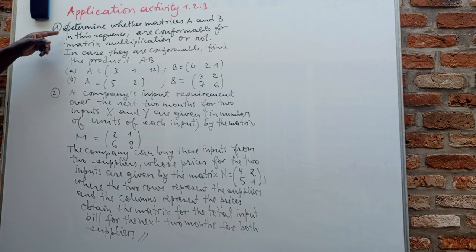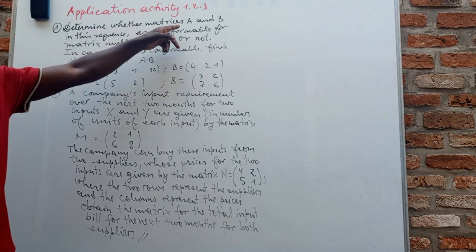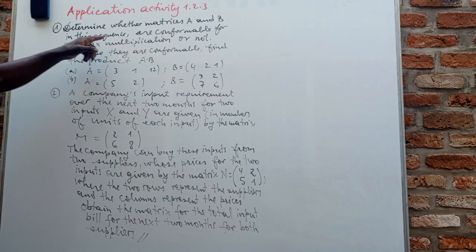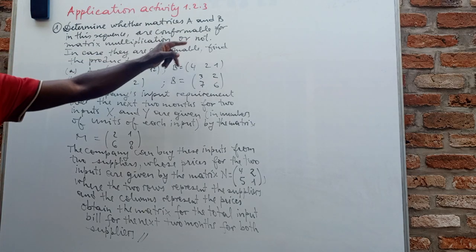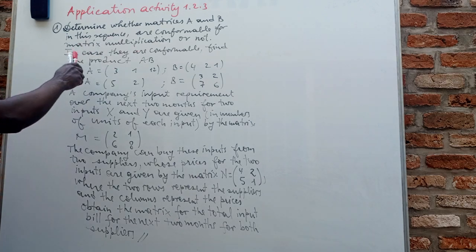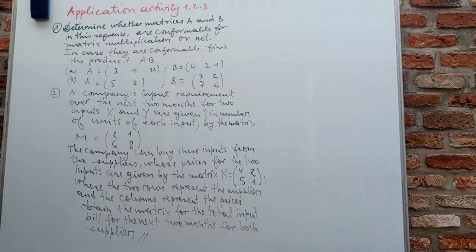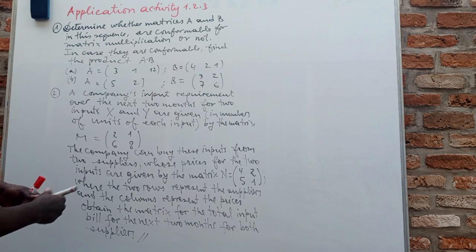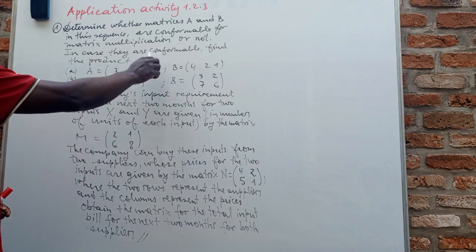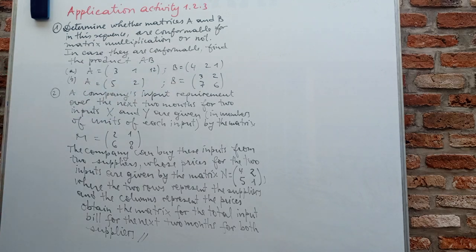First, determine whether matrices A and B in this sequence are conformable for matrix multiplication or not. It means that we have to find the product A times B in case multiplication is conformable with respect to these two matrices A and B.